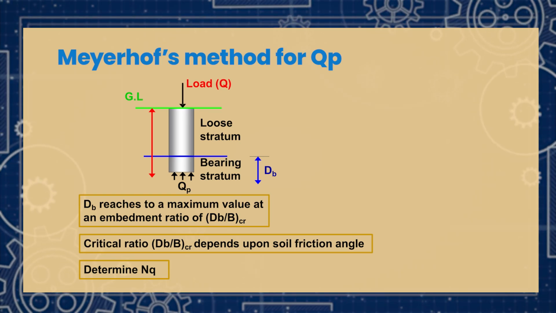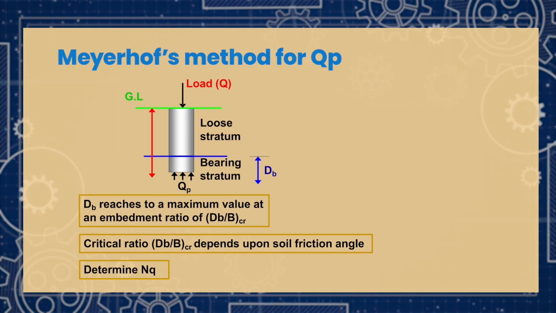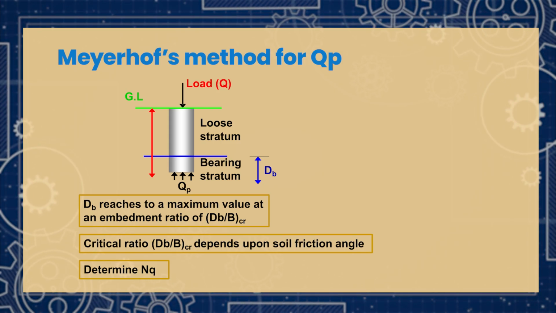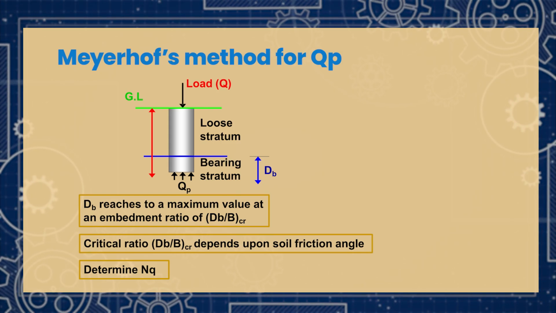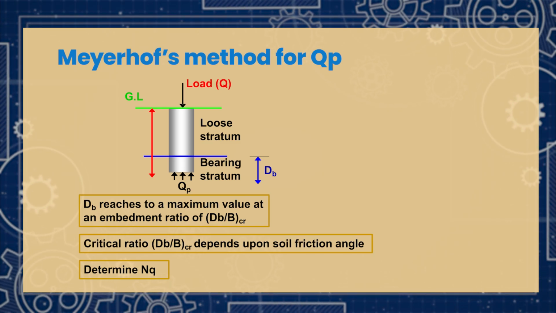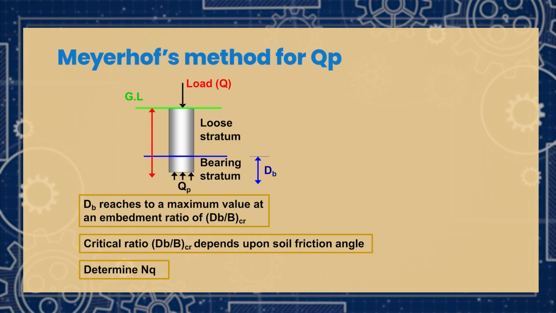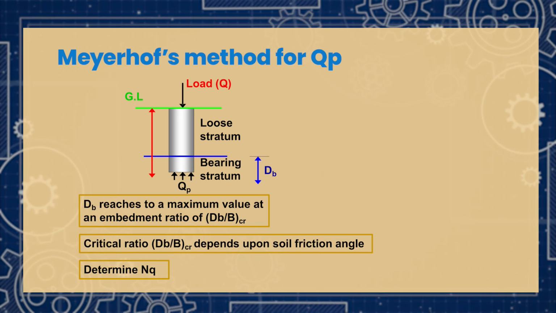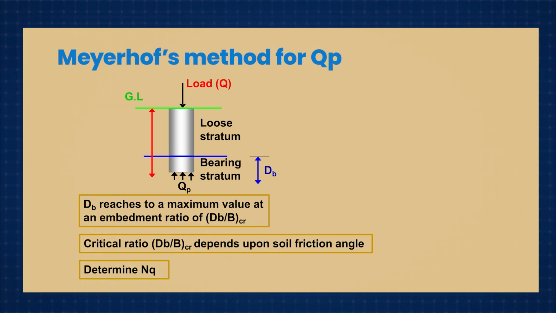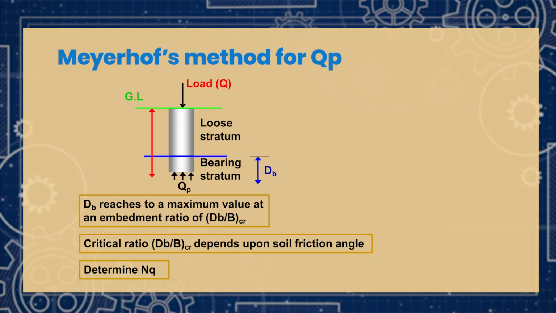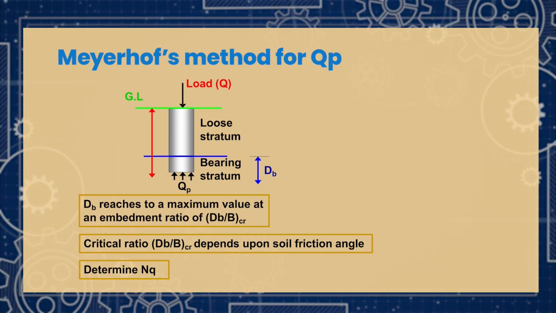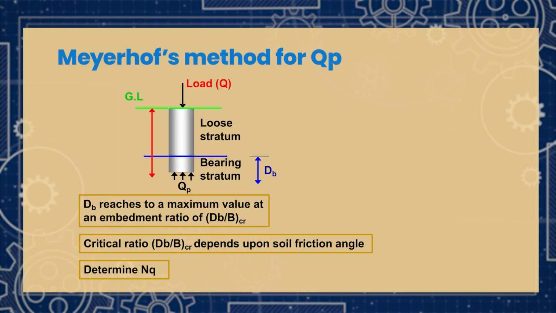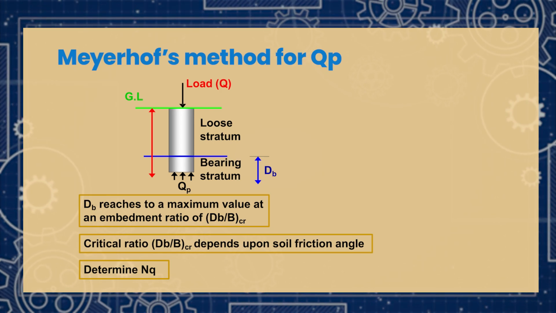Next thing, this depth of embedment Db reaches the maximum value at an embedment ratio, which should be D by B. This D by B critical ratio, again depends on the soil friction angle, and this determines the Nq.